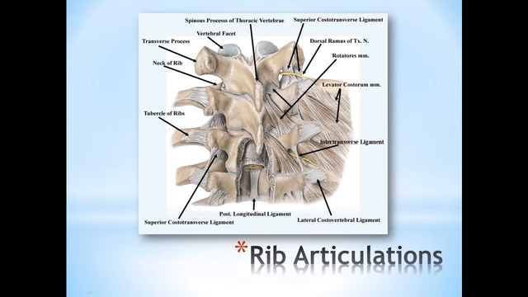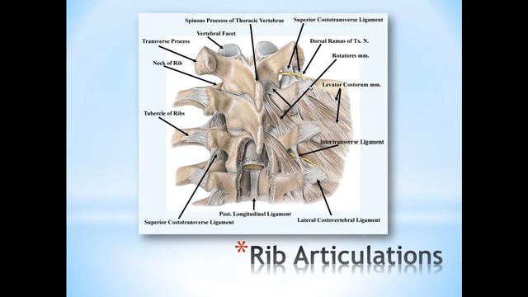So the costotransverse joint is surrounded by a thin fibrous capsule as well, and we can see a depiction of a superior costotransverse ligament. There is also a lateral costotransverse ligament, which again provides stability between the transverse process and the rib.